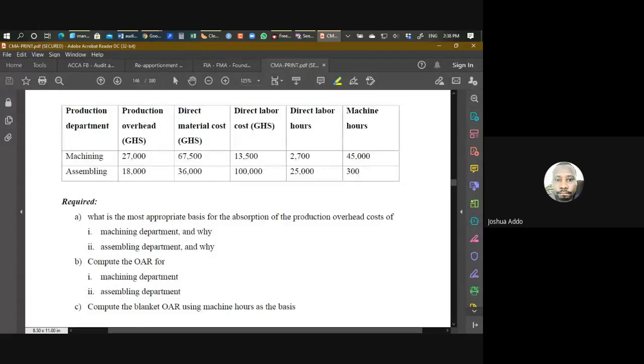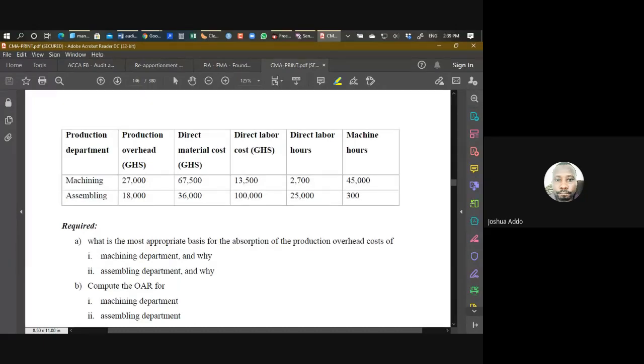Then the requirement is, what is the most appropriate basis for the absorption of the production overhead cost of I, machining department, and why? This one we are all going to discuss together because it's a common sense question. Look at the table. We are just using 2 minutes to finish this exercise.